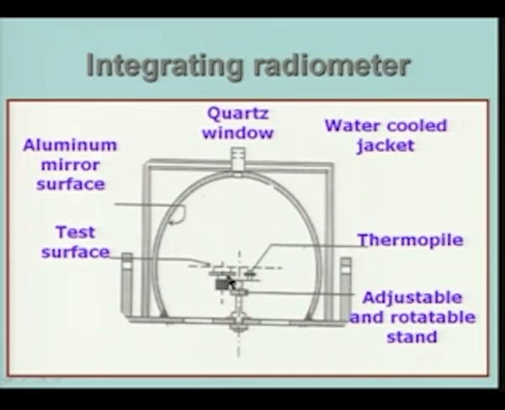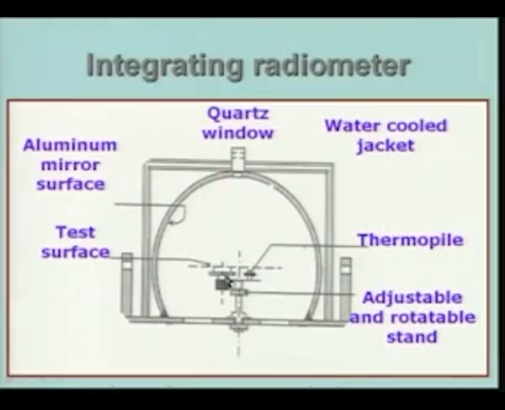So, emissivity is nothing but the radiation emitted from the surface, per unit area per unit time. If I compare it with a black body at the same temperature, that ratio is going to be called the emissivity. Therefore, in the integrating radiometer, it is the self radiation from the sample surface or test surface which is coming out because of its temperature, and what I am doing is measuring the total amount of radiation coming from the surface, and I am going to compare it with a black body.